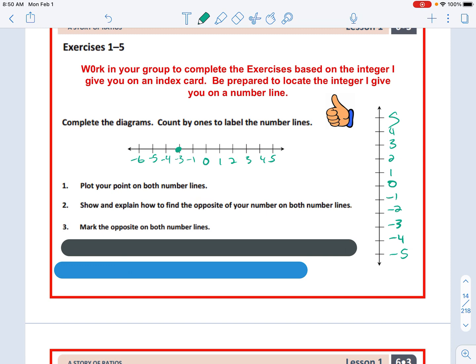Then I'm going to plot negative 3. Now it says show and explain how to find the opposite of your number. So I'm going to start at 0 and count 3 spaces to the right. And there I have positive 3.